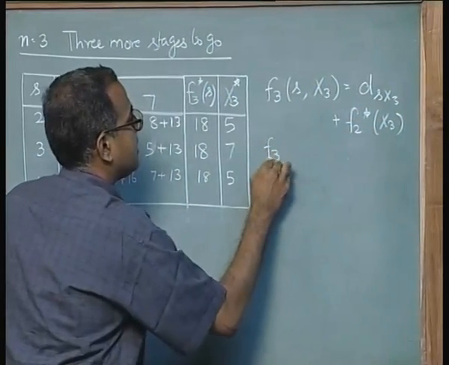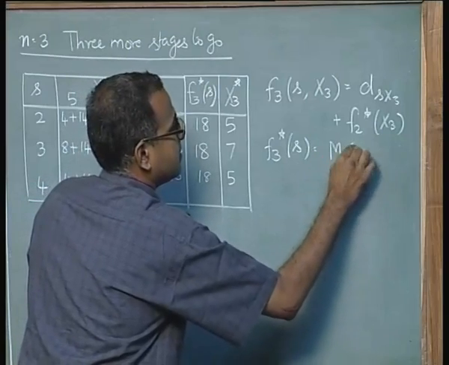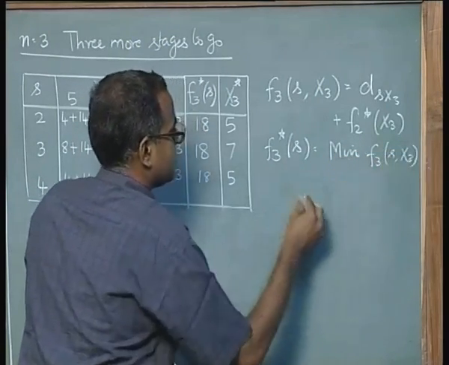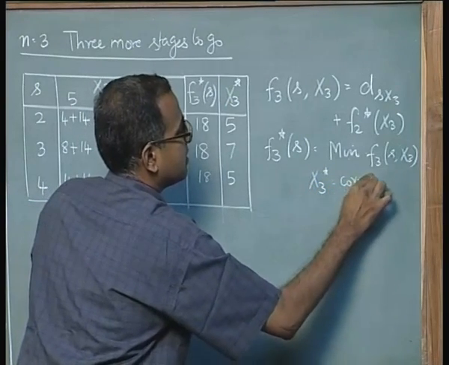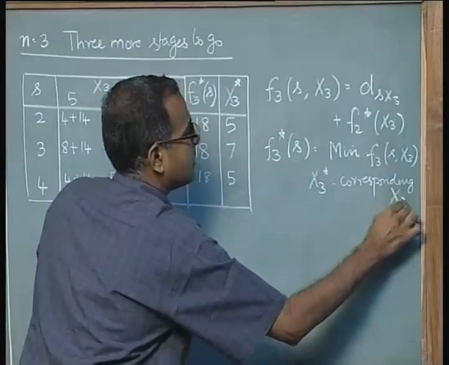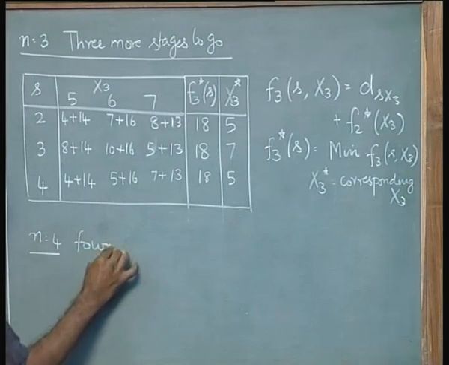And F3 star for a given S will be to minimize F3 of S x3, and x3 star equal to the corresponding x3.